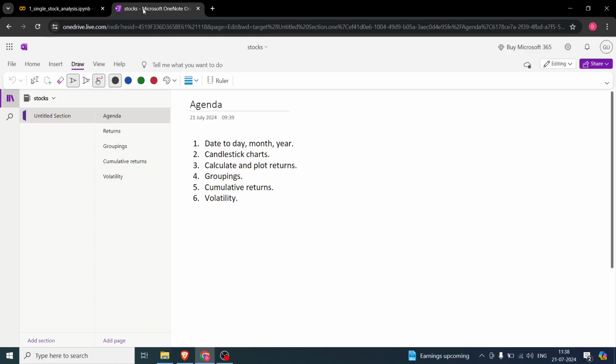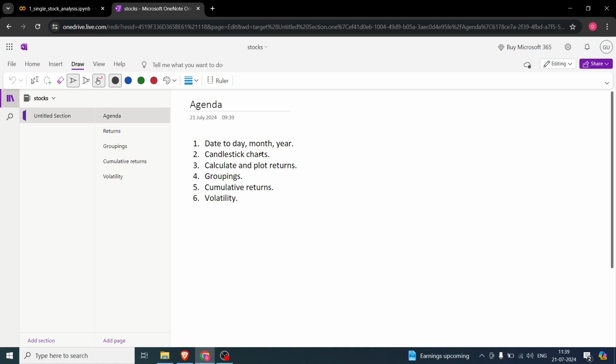So let's get started. What is the agenda of today's video? As I said, this video will be the basis of the series, so here we will be doing all the basic stuff that will be the foundation. First we will see how to convert a column into datetime in pandas and then extract different information like day, month and year.